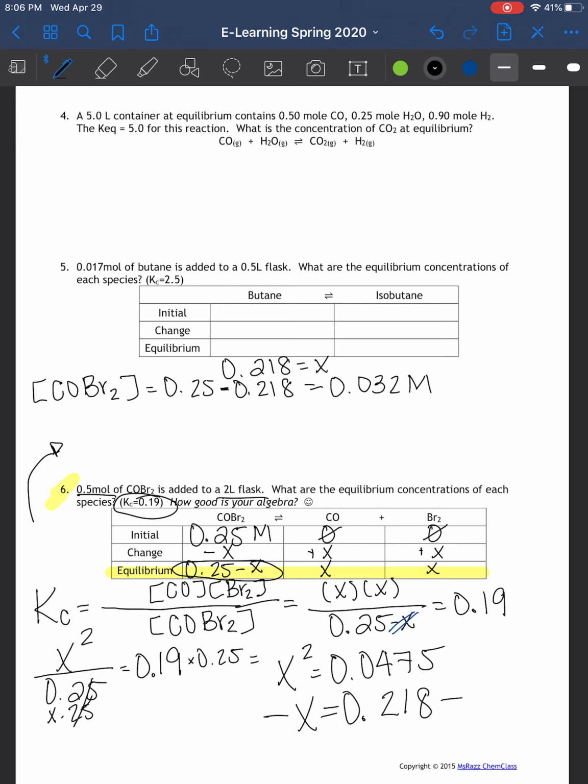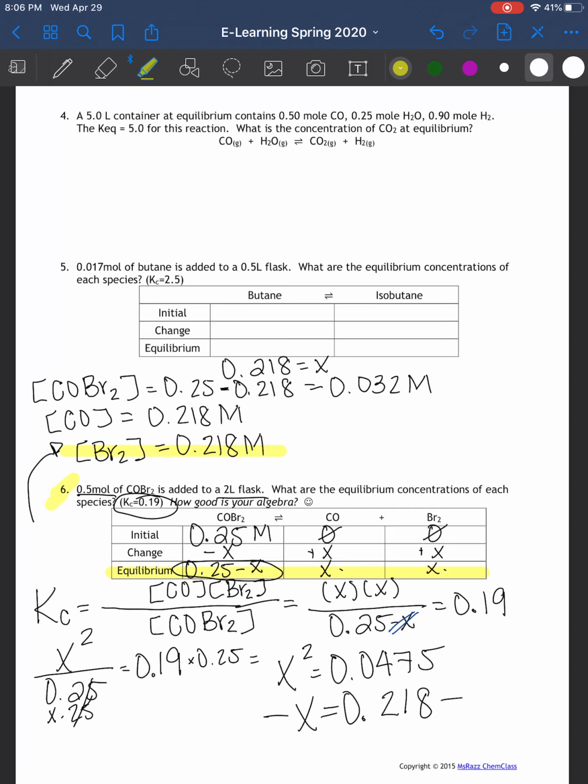Okay. For CO, it is equal to just x. So it is just equal to 0.218 molar. And again, Br2 is also equal to just x, so that is also equal to 0.218 molar. Okay, so that is how you solve these.